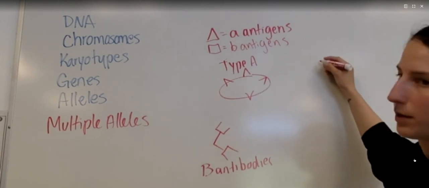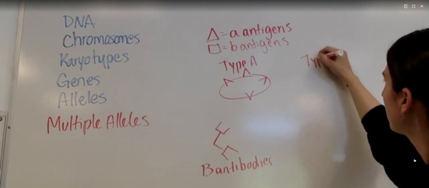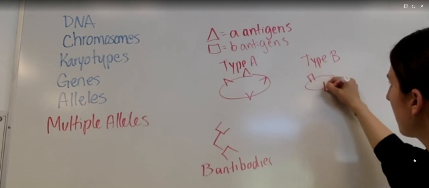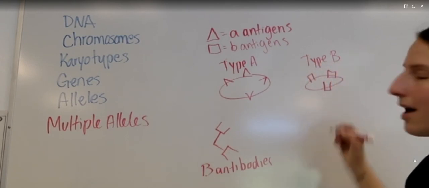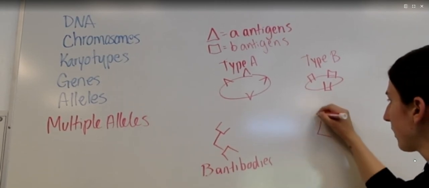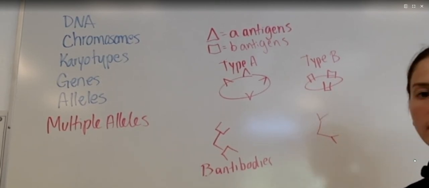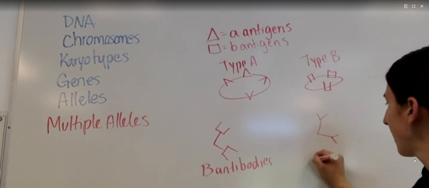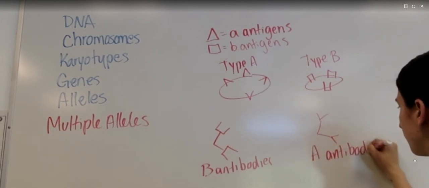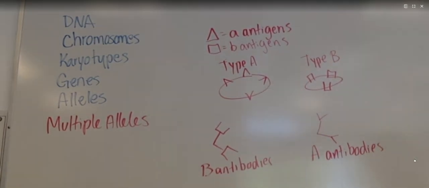And then if you're type B, you've got B antigens, and in your blood plasma, your immune system is creating antibodies against A-type antigens, so A antibodies.